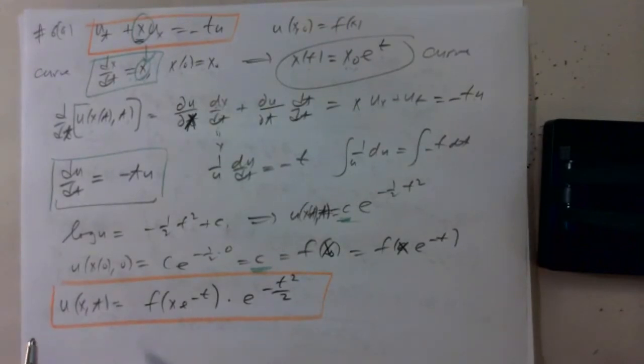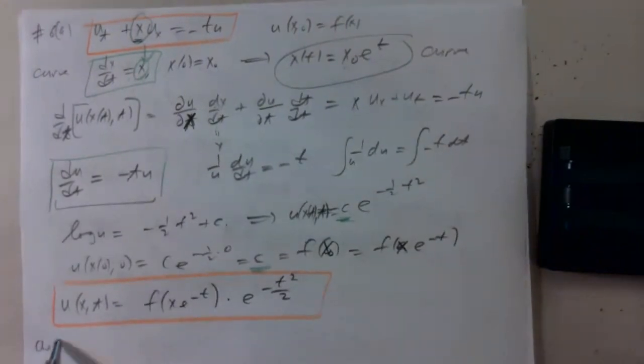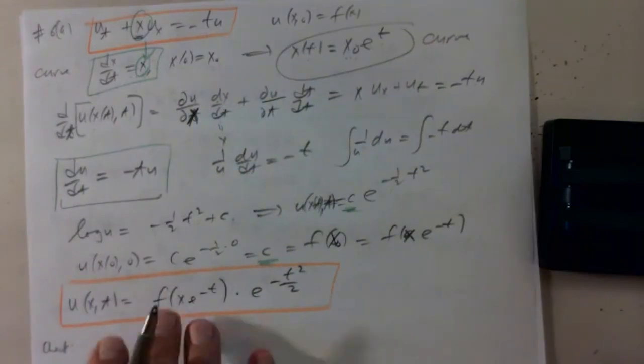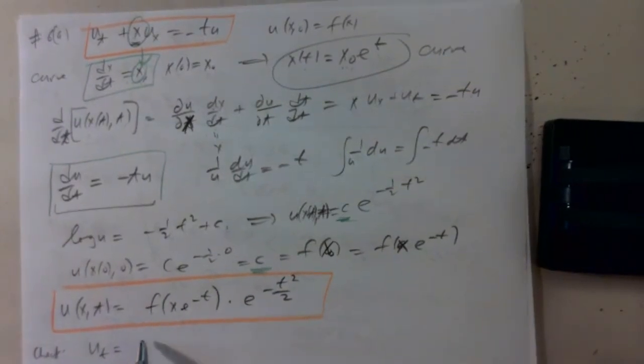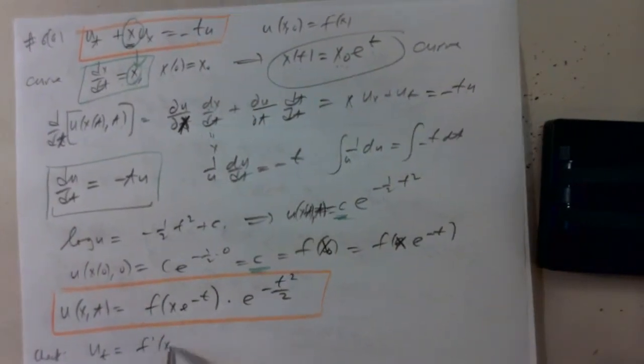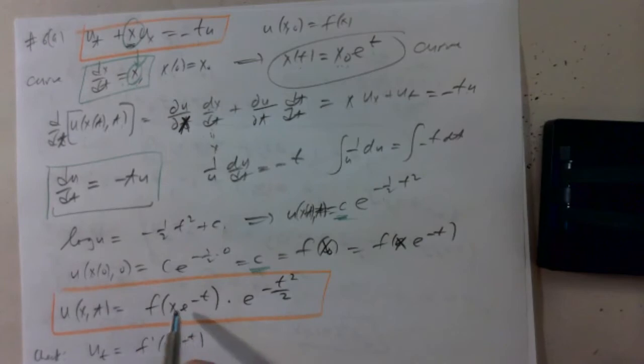I'll check it, see what happens. Partial of u with respect to t, by the product rule, is f prime of x e to the minus t times the derivative of x e to the minus t.